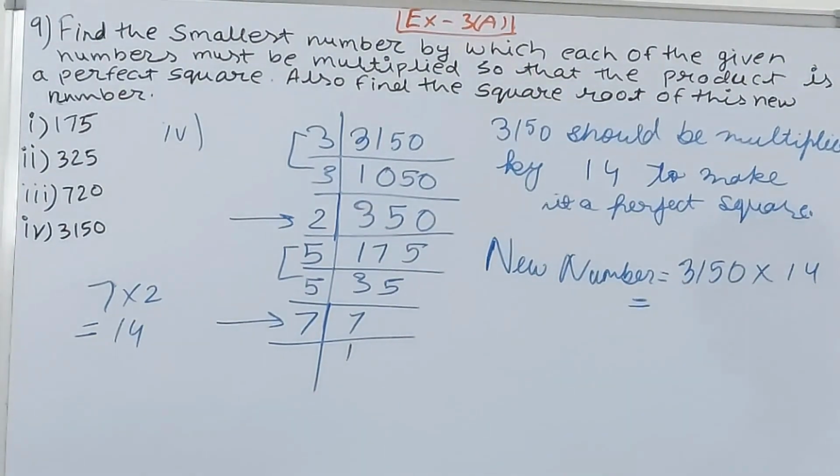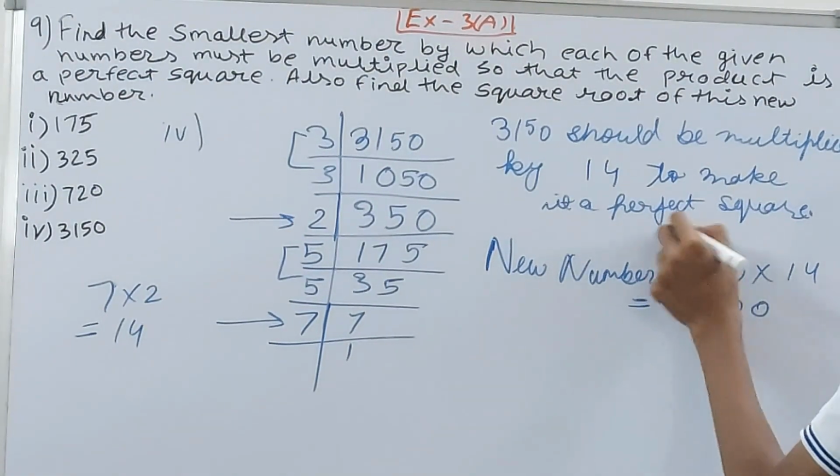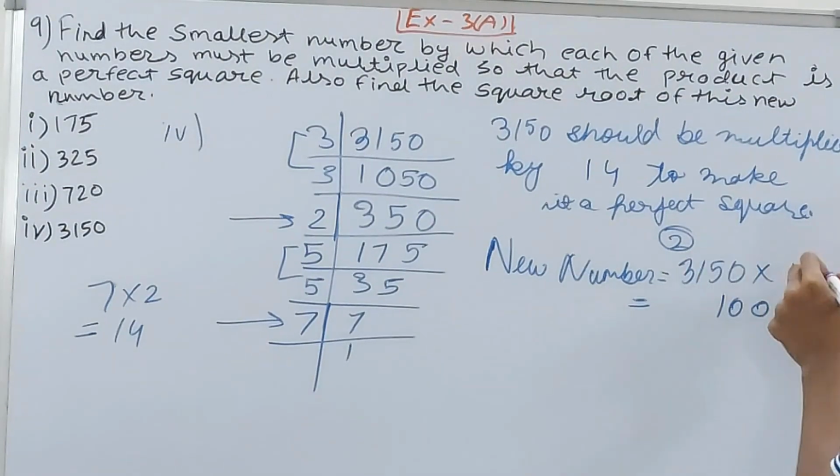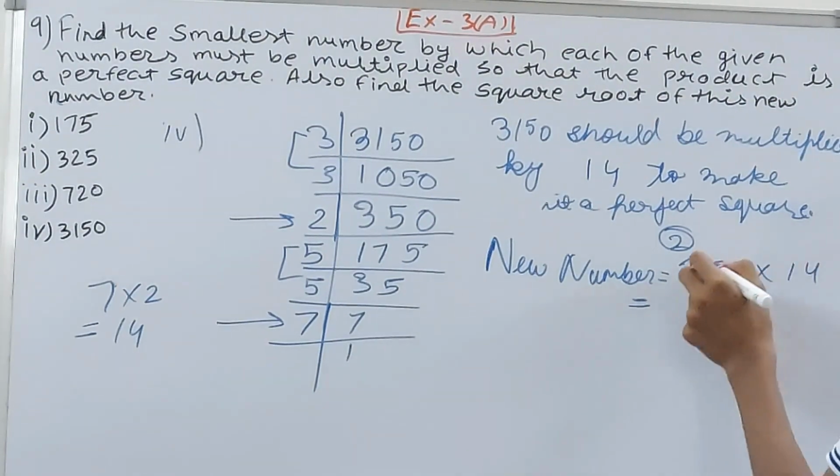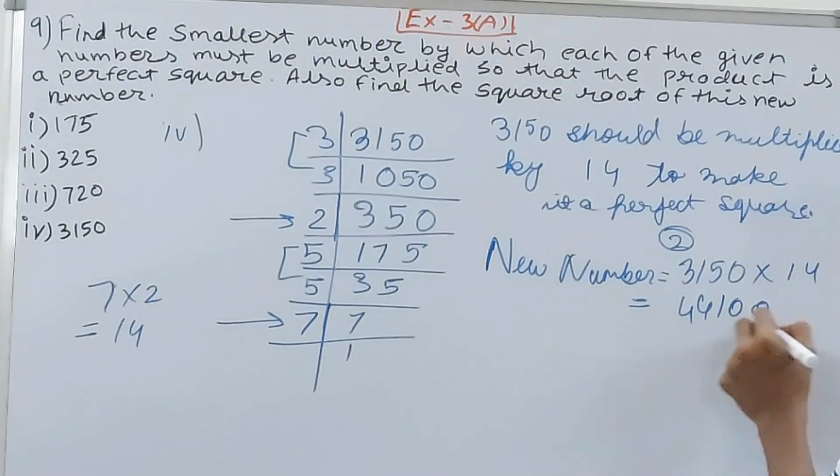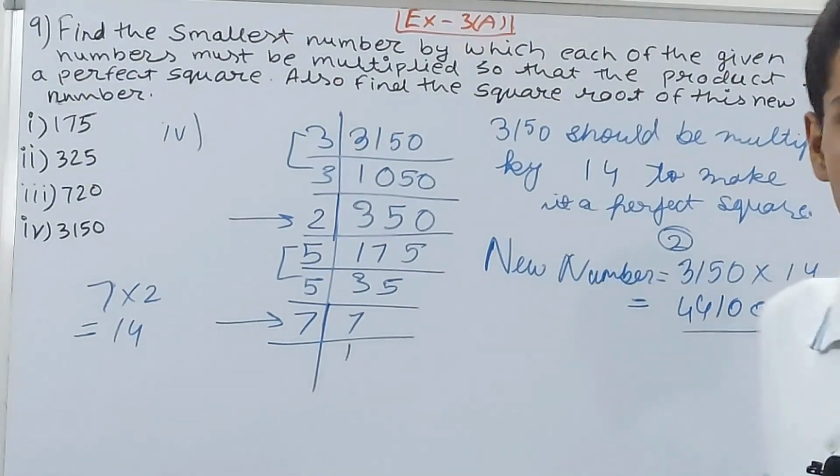This is what 14 into 0 0, 14 into 5 70, and 7 carried over, 14 into 1 that is 14, and 7 that is 21, and 2 here 14 into 3, let's see, 4 into 3 is 12, and 1 is 42, and 2 is 44100. This is the new number, right?